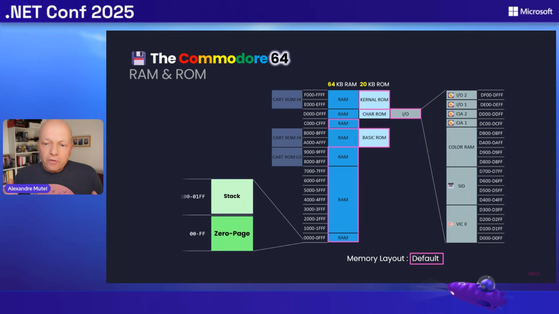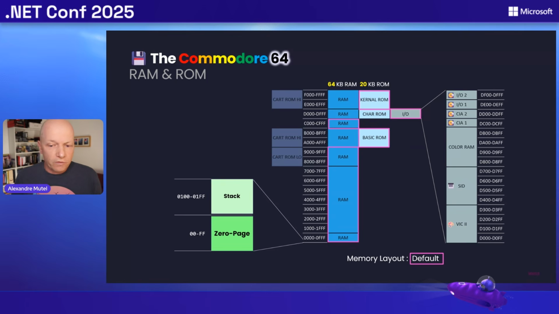And if we look at the very bottom of the RAM, we find two important areas, the zero page and the stack. The zero page is special because it's 256 bytes of memory. It's a page, and many instructions can access it with shorter opcodes, which makes them run faster and smaller.